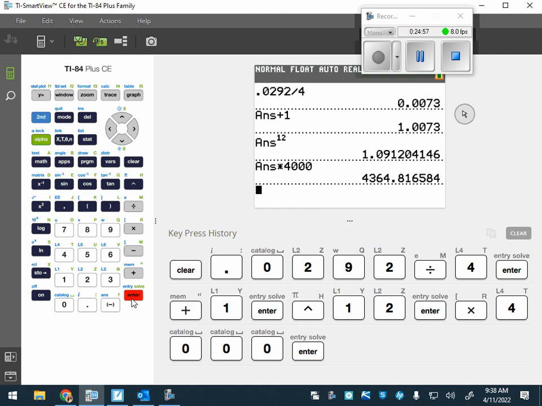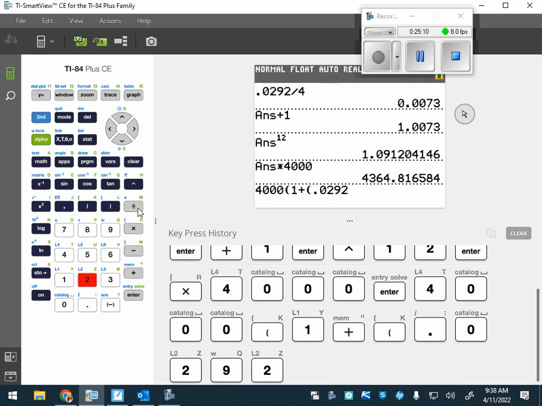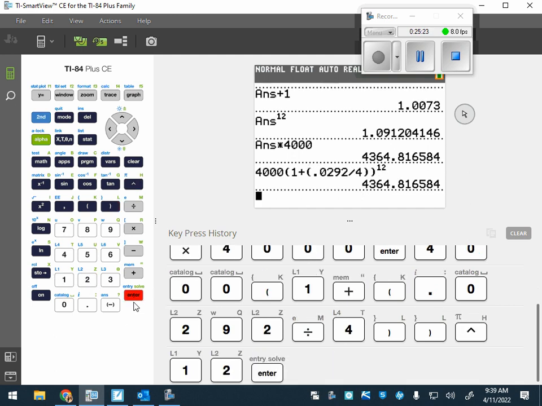If you were to enter it all together: 4,000, parentheses, 1 plus, you need parentheses around that fraction, 0.0292, divide by 4, close parentheses for this fraction, then close it again for the 1 plus, and raise it to the 12th. You get the same answer.